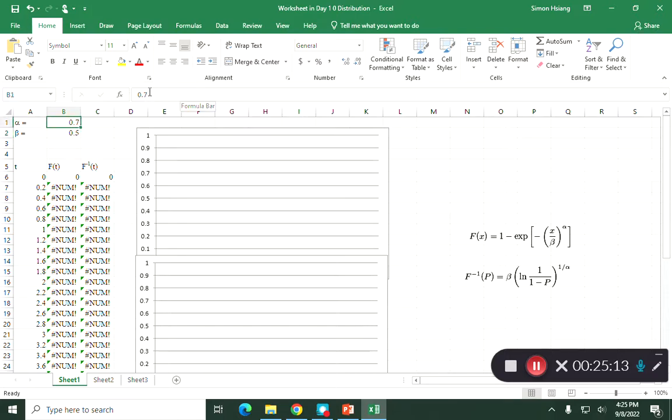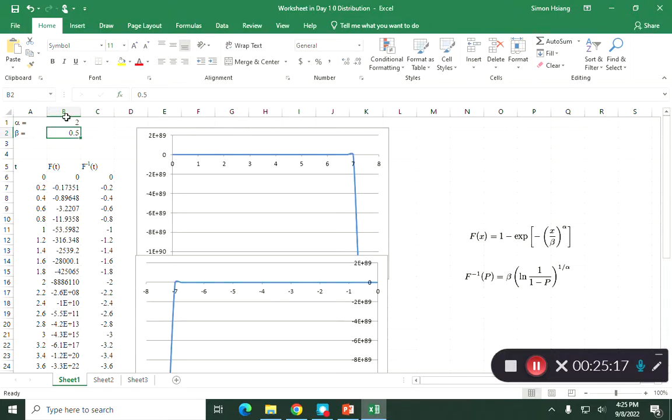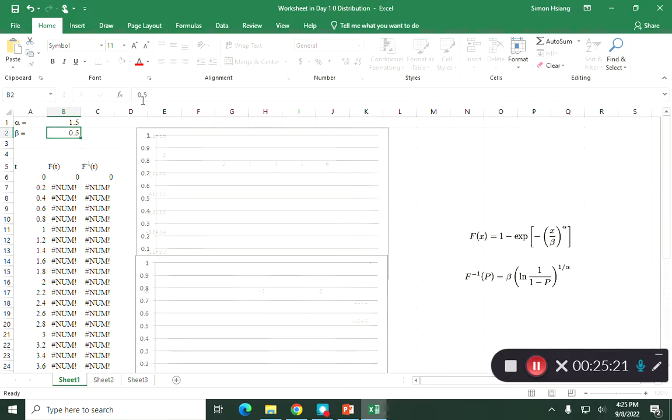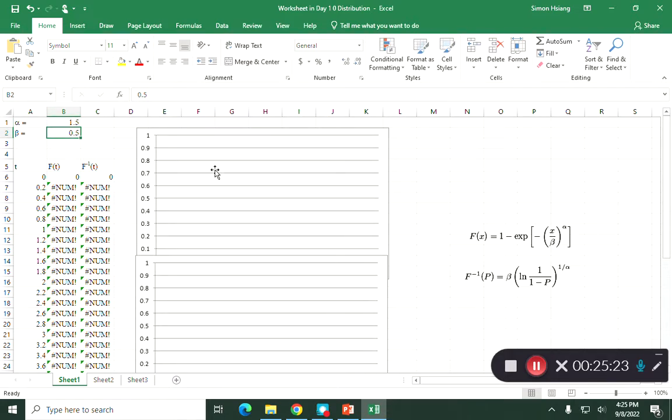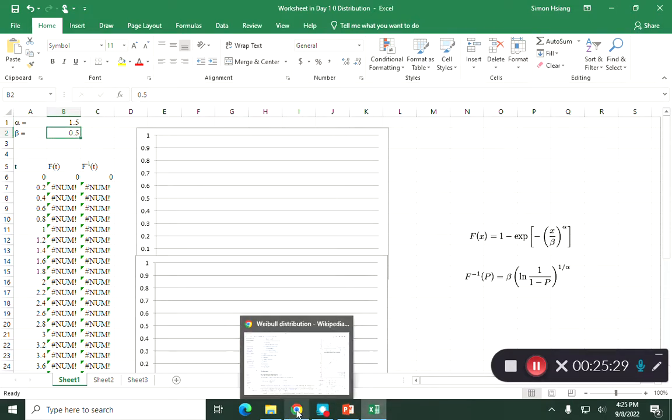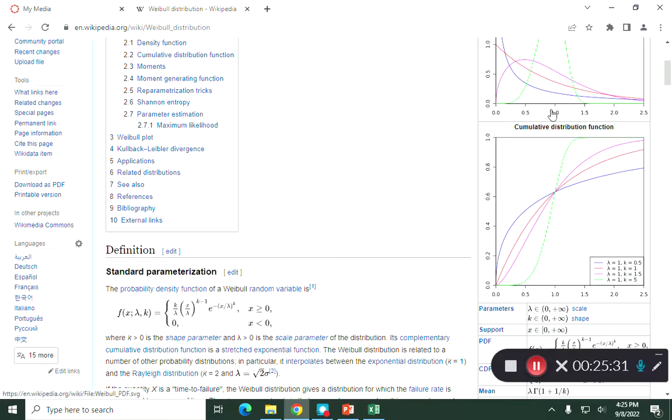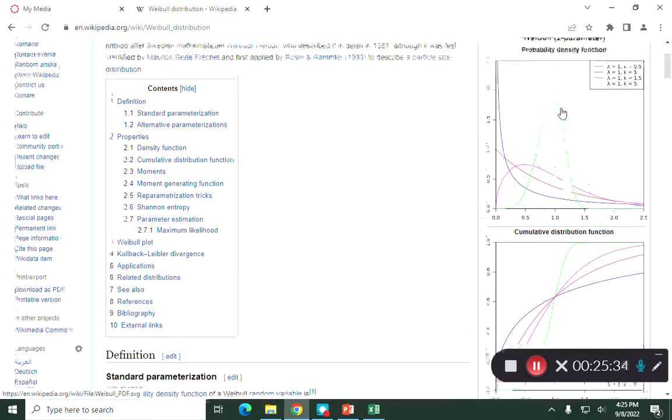Shape distribution. Okay, let me make it equal to 2, equal to 3, 1.5. I need to change the scale. Can I see the value here? So people, I guess I will use the example here.